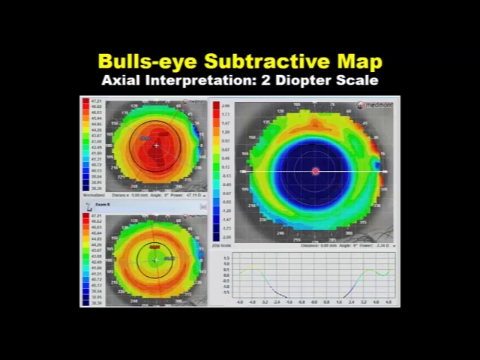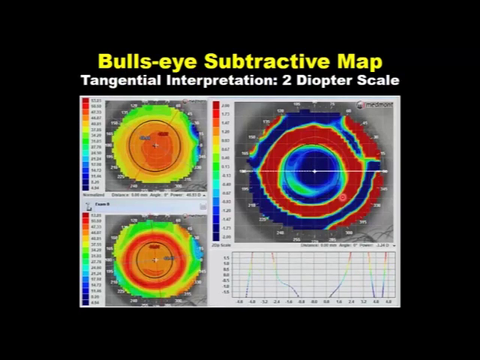If we click our cursor on the visual axis right in the center, compare the power of the eye before ortho-K to the power of the eye after ortho-K, where your cursor is in the center, it'll tell you the power change, 3.34 diopters of myopic reduction. We can say that the treatment zone looks well centered, so this should provide good aberration-free vision for this patient.